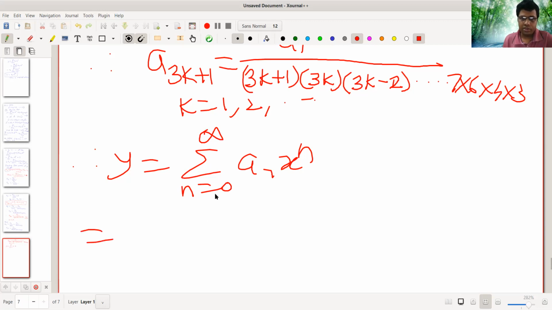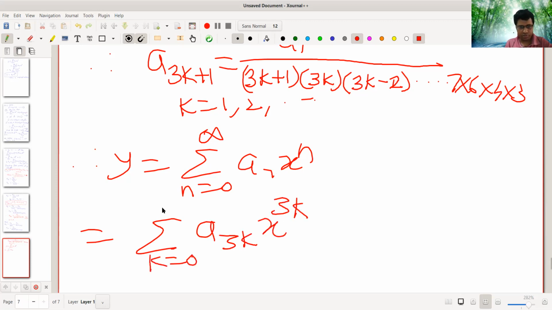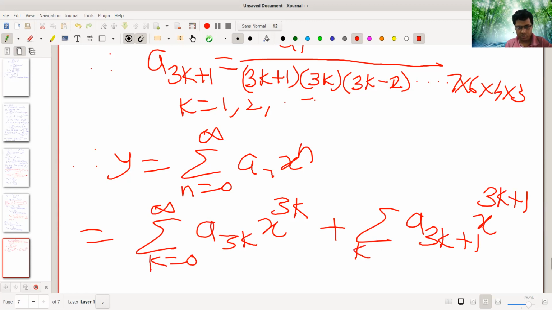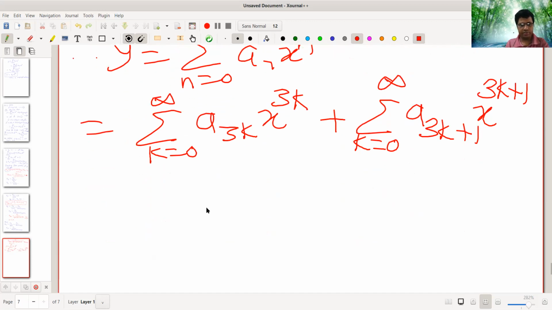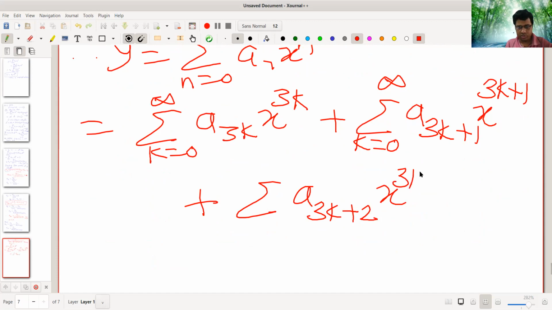It can be written, so an we write in 3 terms as: first, summation a3k x raised to 3k, k equal to 0 to infinity, plus summation a3k plus 1 x raised to 3k plus 1, k equal to 0 to infinity, and third is summation a3k plus 2 x raised to 3k plus 2, k equal to 0 to infinity.